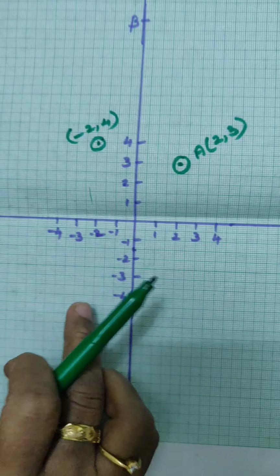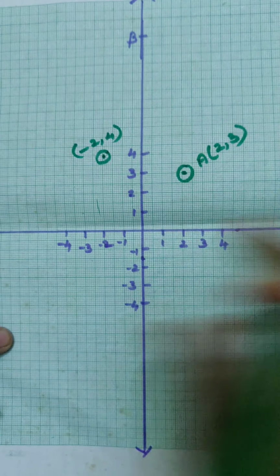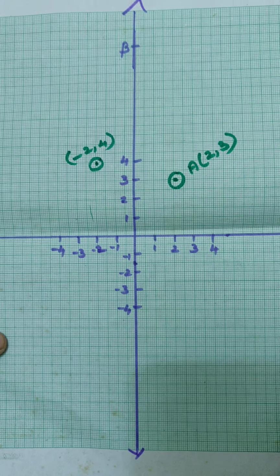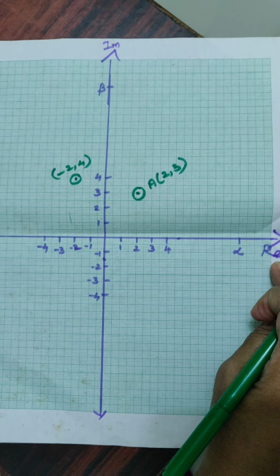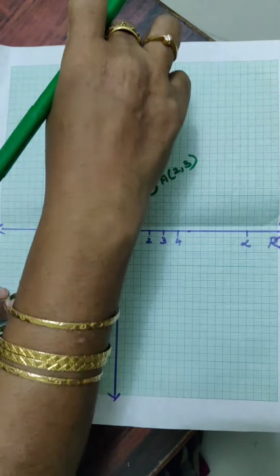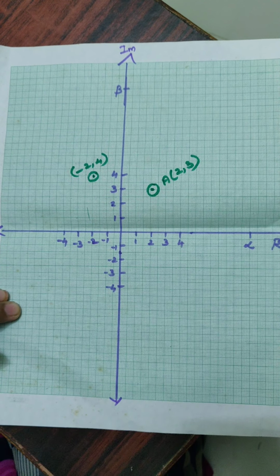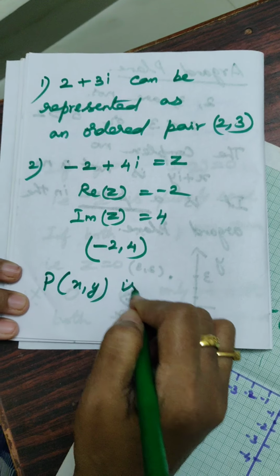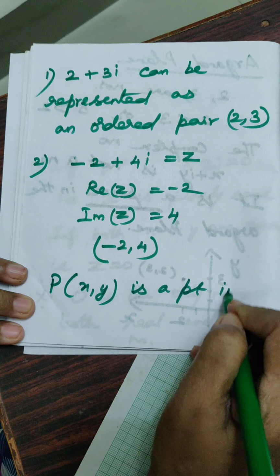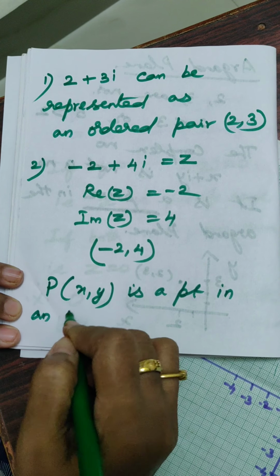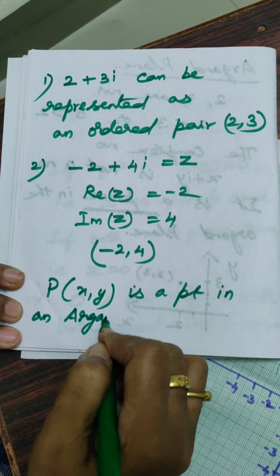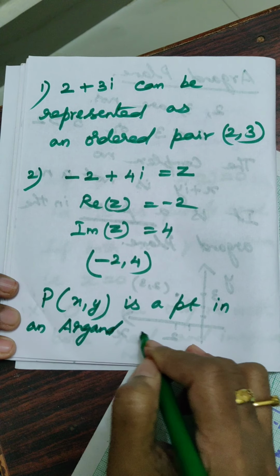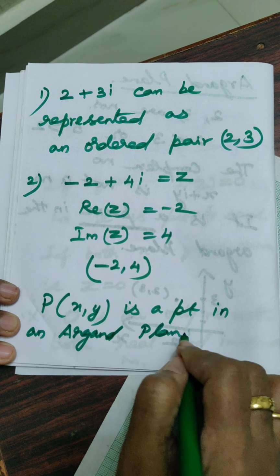In the Argand plane, the real axis contains only real numbers, and the imaginary axis contains imaginary numbers. If I am generally saying that P of x comma y is a point in an Argand plane, then how will you represent it in the form of a complex number?